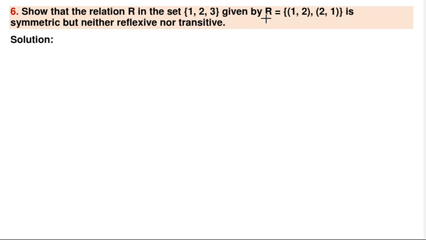Let us take the relation R. What is the relation R? In roster form, R = {(1, 2), (2, 1)}, where the set A contains only 3 elements: 1, 2, 3.